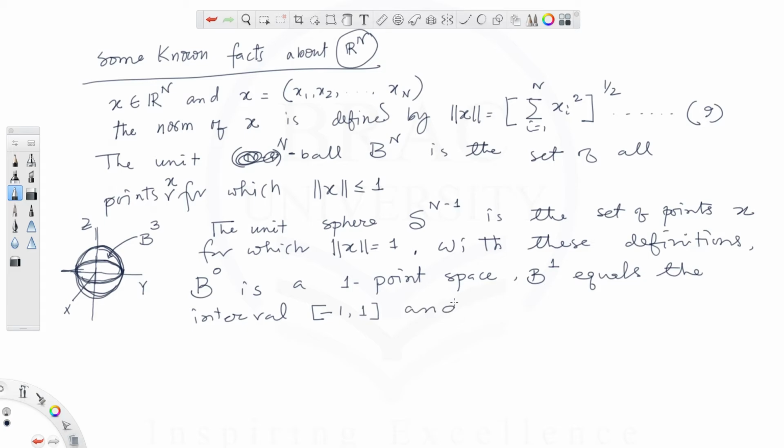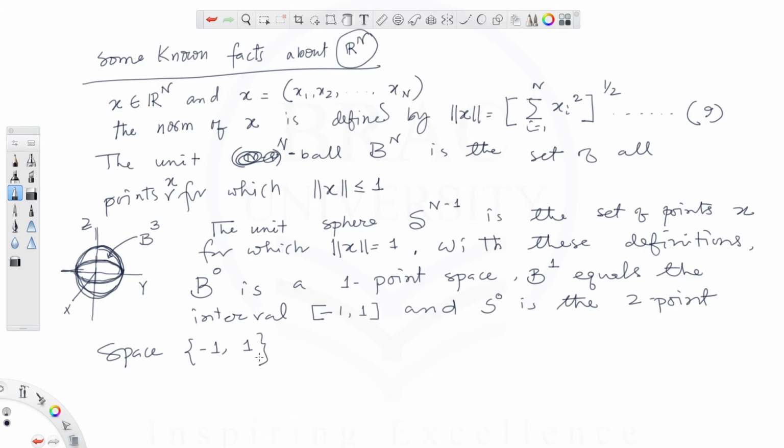And S0 is going to be the boundary of this one ball, which is the union of these 2 points, -1 and +1, the endpoints. So S0 is the 2-point space, the boundary of this closed interval from -1 to +1.